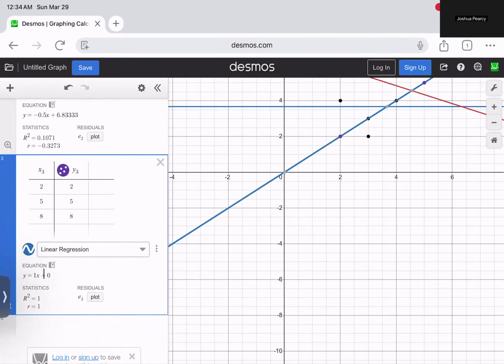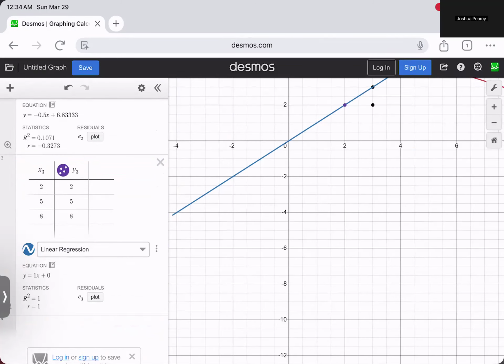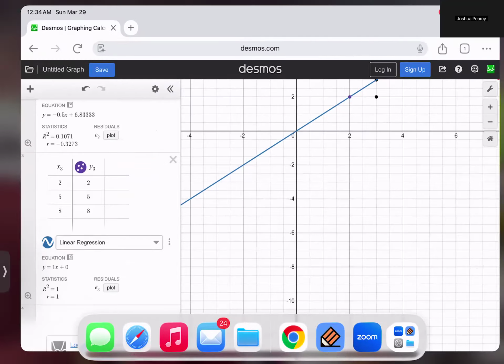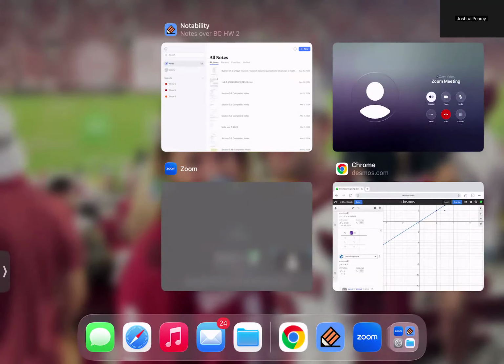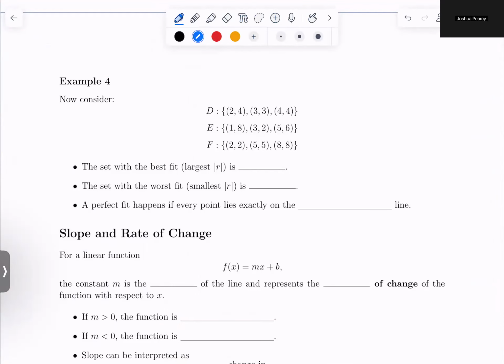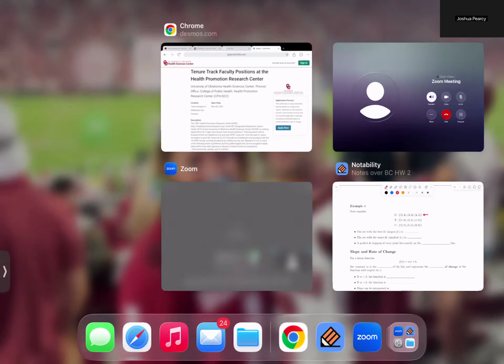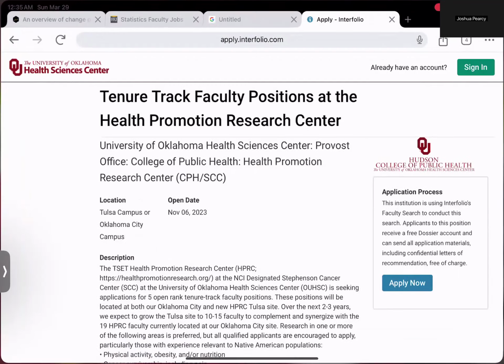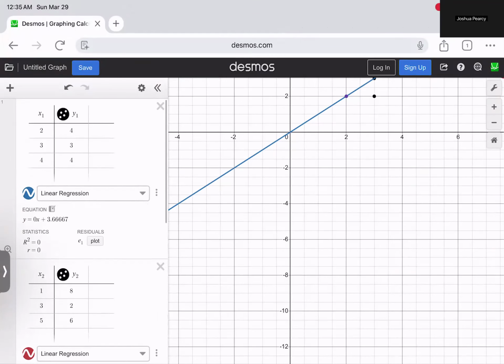So if we go back to our notes now, this one here, data set D, this one had an R value of what? So let's go back here. Data set D had an R value of 0, right?